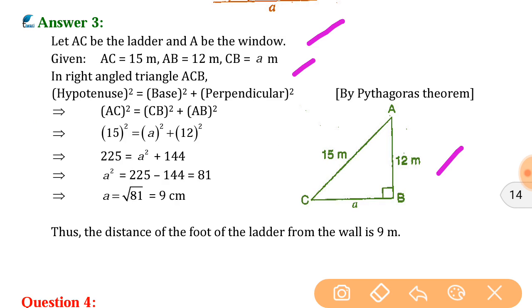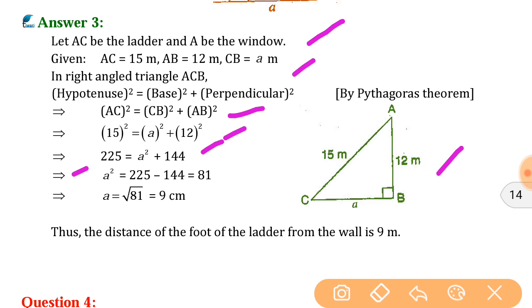In right angle triangle ACB, AC square is equal to CB square plus AB square. Substitute the values. AC is 15, CB is A, AB is 12. Squaring, 15 into 15 is 225, A square as it is, 12 into 12 is 144. 144 transferred to this side, 81 comes.